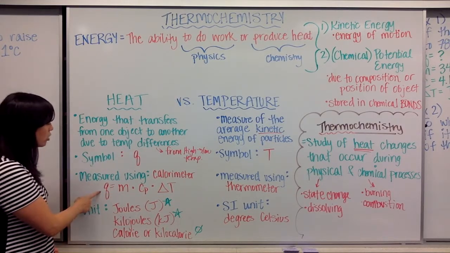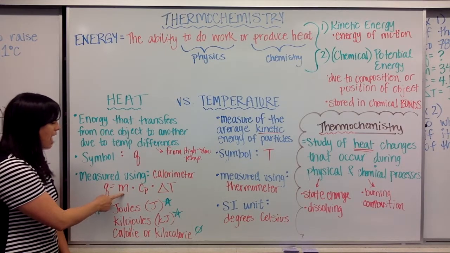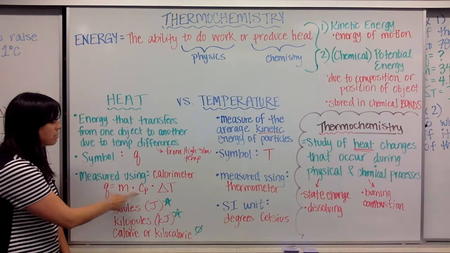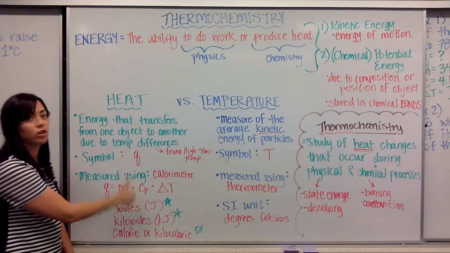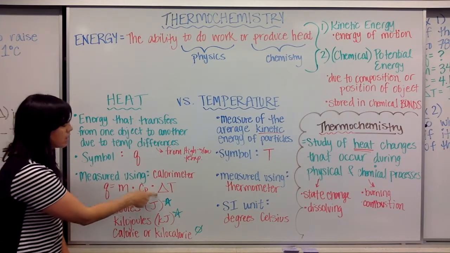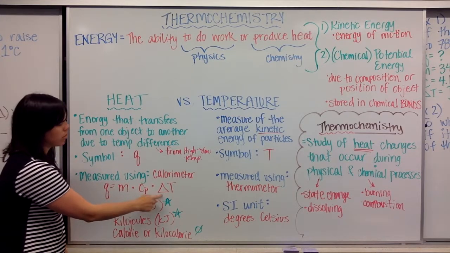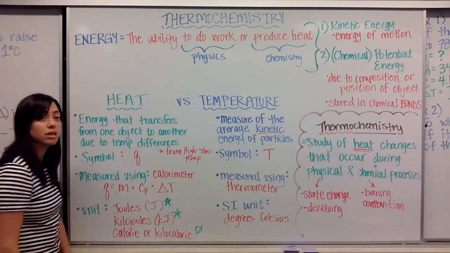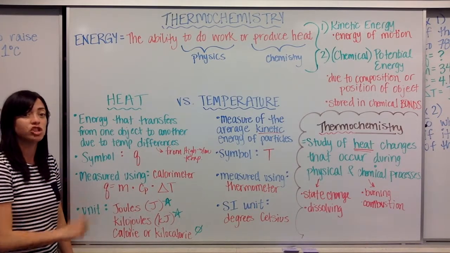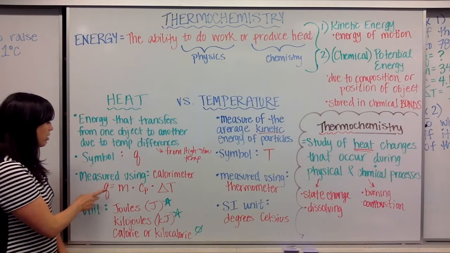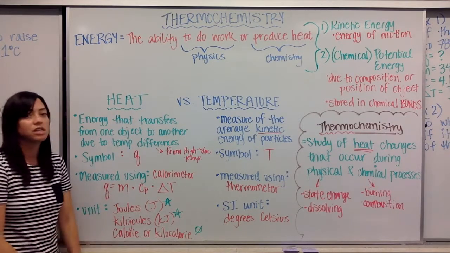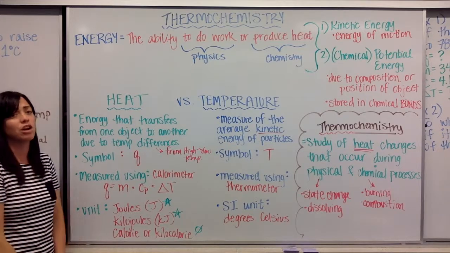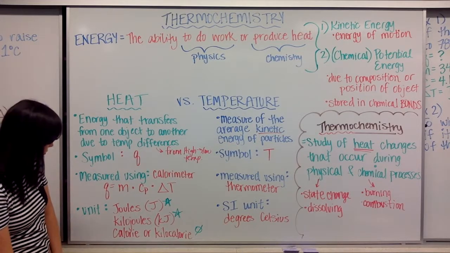And it is Q equals the mass of something times the specific heat capacity, which we're going to talk about on the next board, times the change in temperature. Remember that this little triangle or delta symbol represents change. So again, it's going to be heat equals the mass times the specific heat capacity times the temperature change. And we're going to look more in detail at what that's like on the next slide.